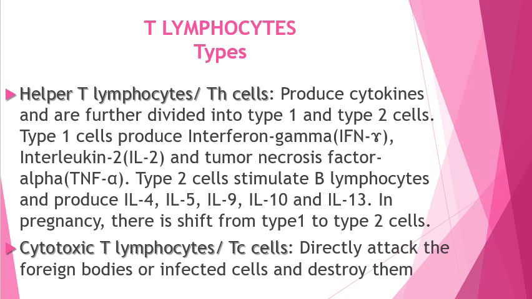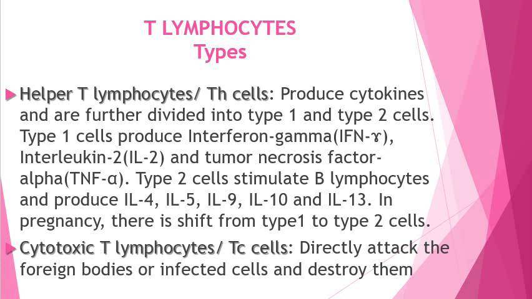Type 2 cells, on the other hand, stimulate B lymphocytes and produce interleukin 4, 5, 9, 10, and interleukin 13, and are responsible for promoting systemic humoral immunity and suppressing local cell-mediated immunity.